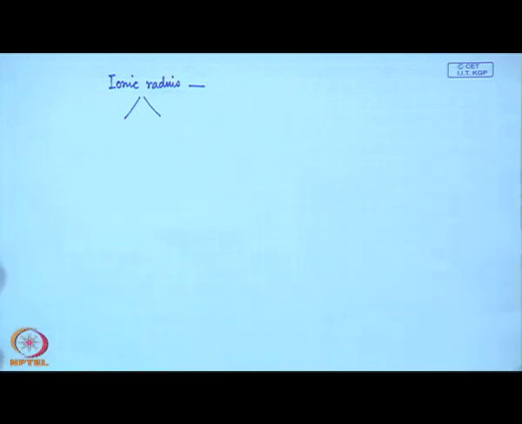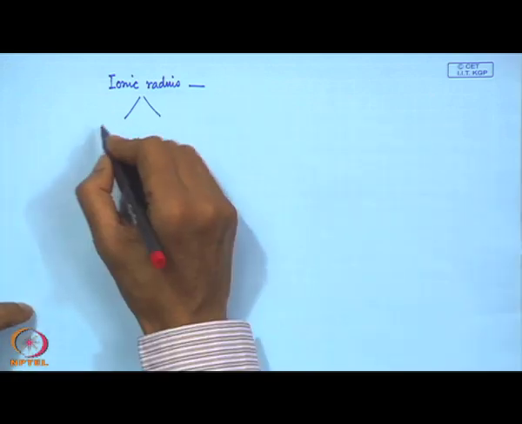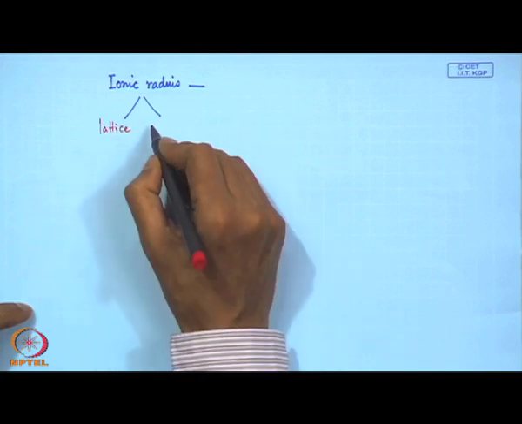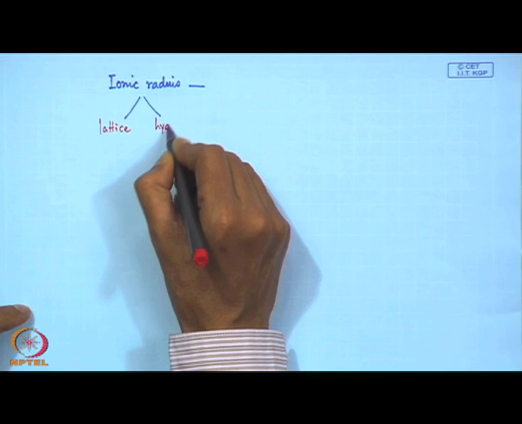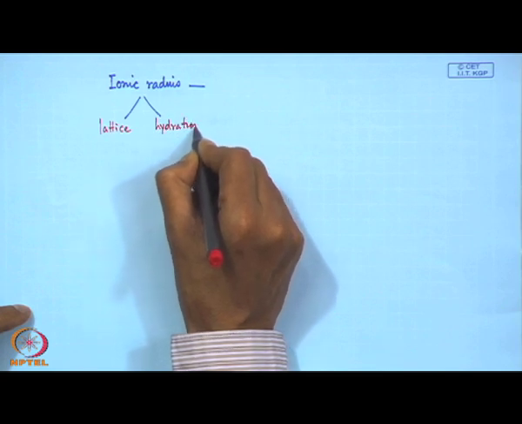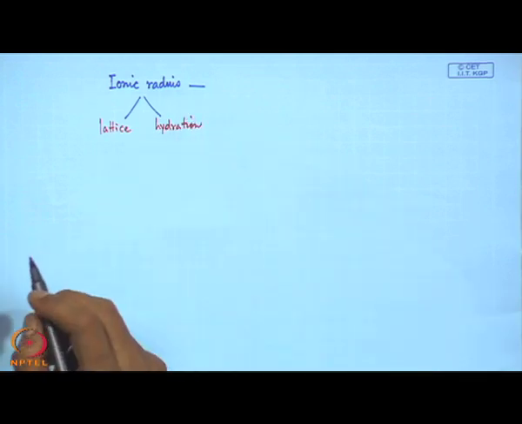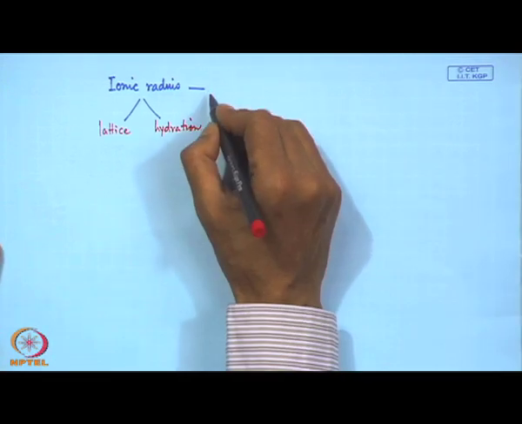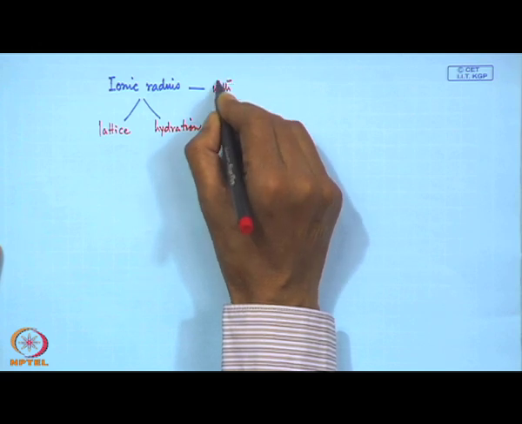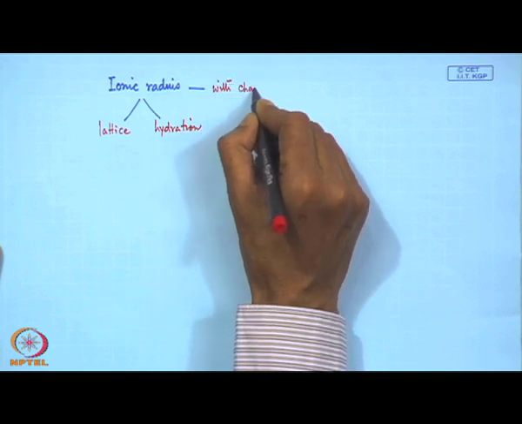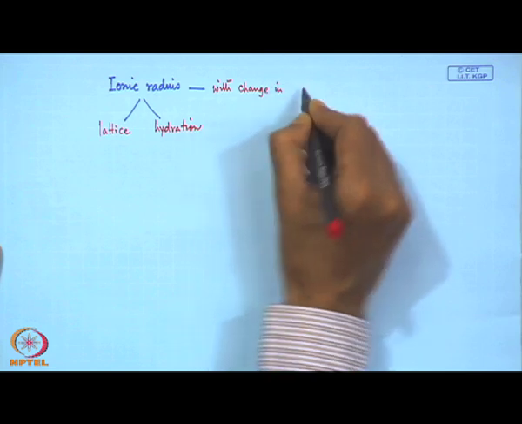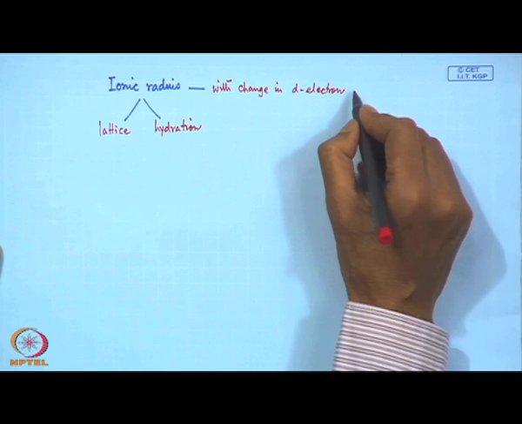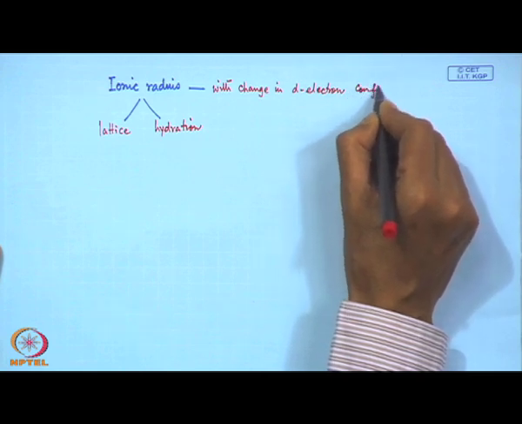What we have seen is that for the lattice energy and hydration energies, the ionic radius is definitely changing with the change in d electron configurations.